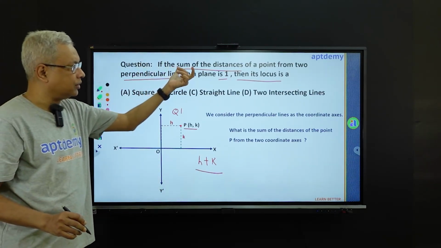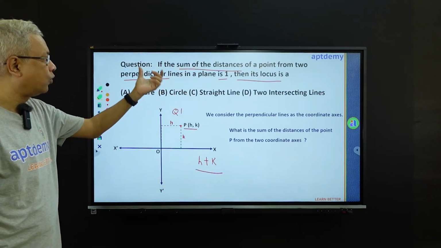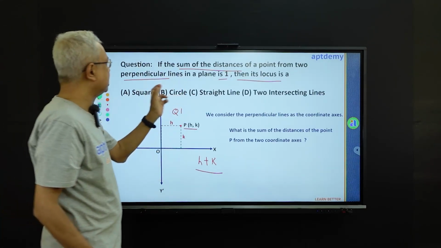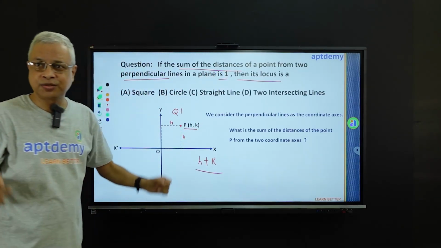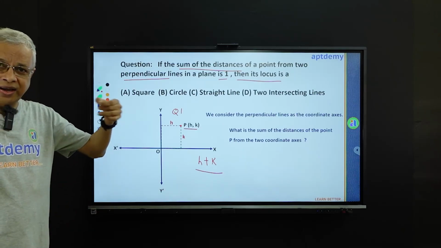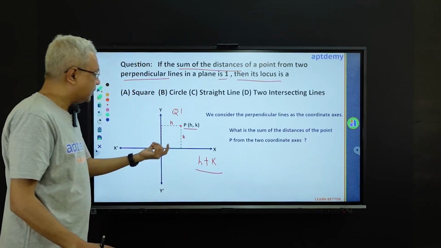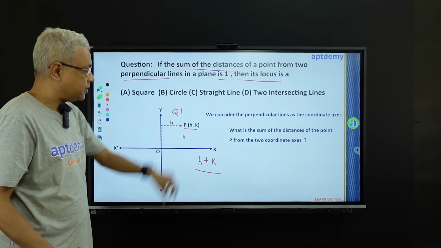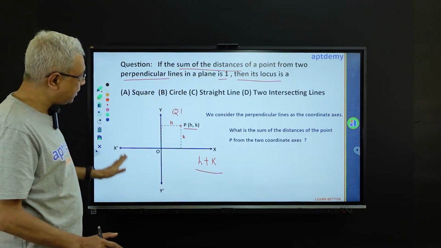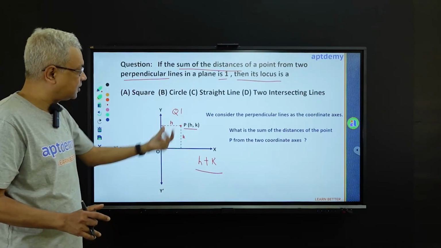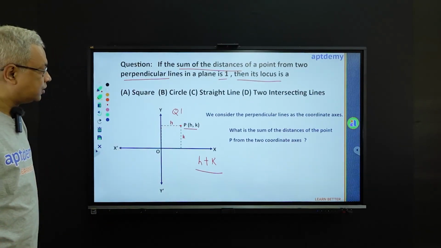Because the given constraint of the problem is that the sum of the distances from two perpendicular lines, which we have taken as the x-axis and y-axis, is always unity. The point is moving in a plane in such a manner that this distance is always unity.